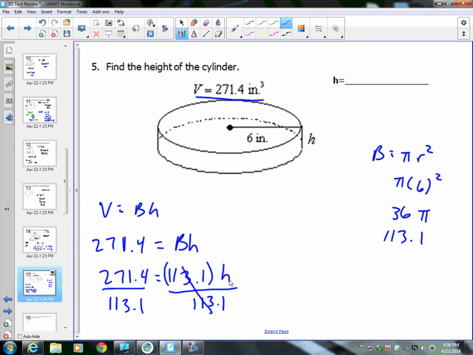We end up getting height is equal to 271.4 divided by 113.1, which gives us 2.4. And that would be our height. Since everything is in inches, this would also be in inches.